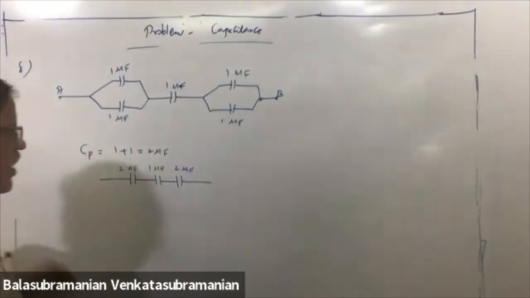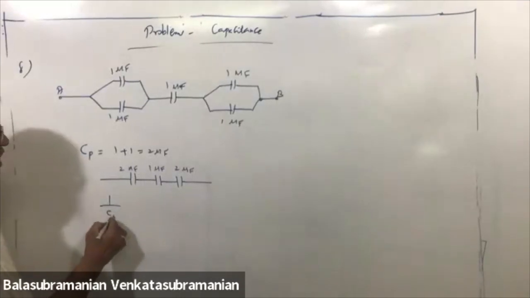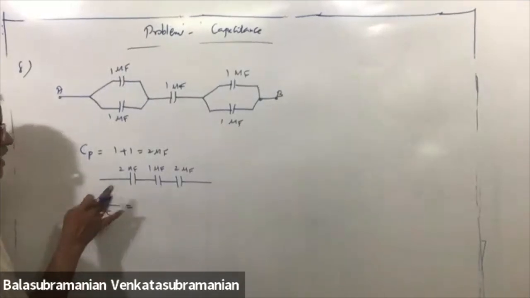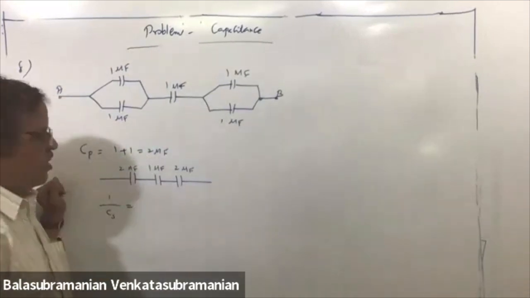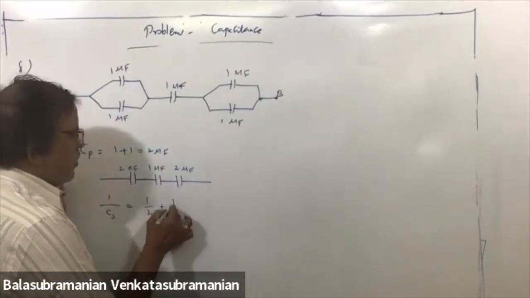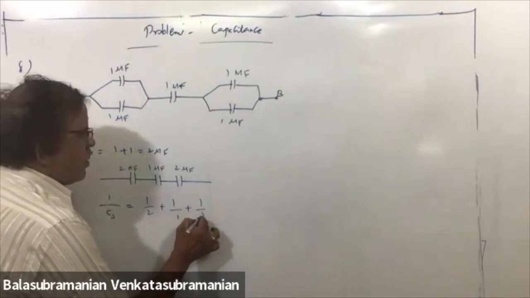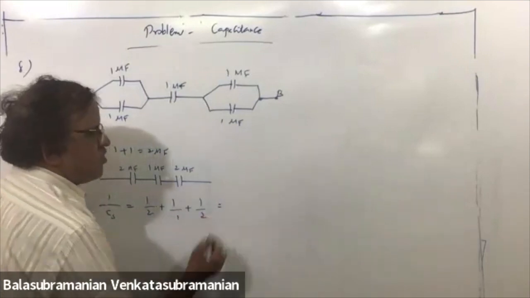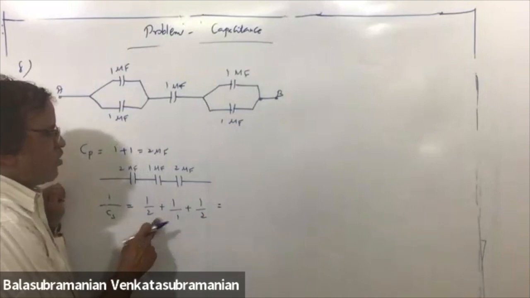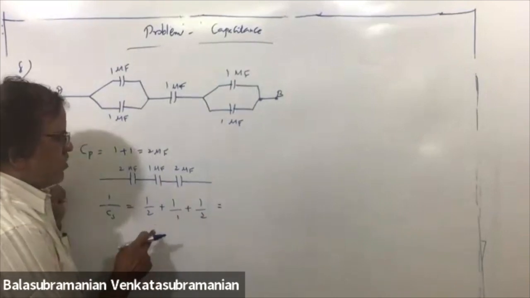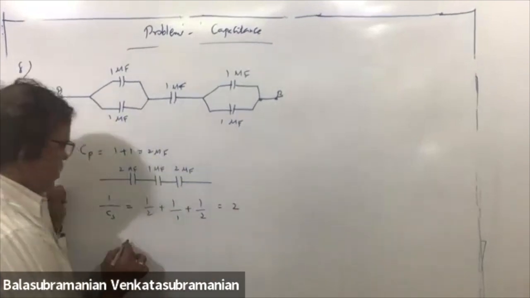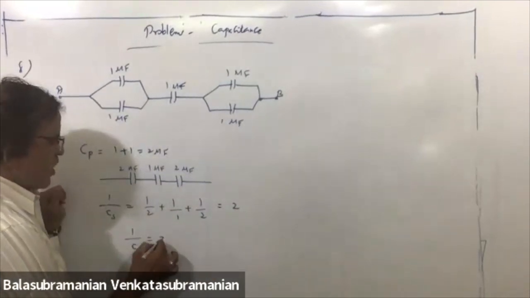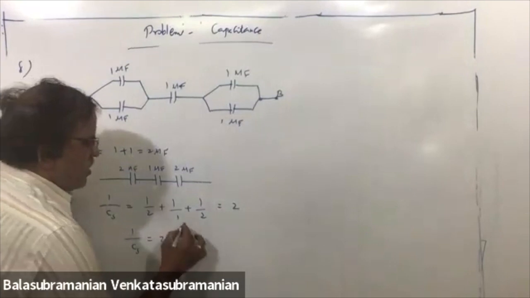So the resultant value will be 1 by Cs is equal to 1 by C1 plus 1 by C2 plus 1 by C3. 1 by 2 plus 1 by 1 plus 1 by 2. 1 by 2 plus 1 by 2 is 1. This is 1, so 2. 1 by Cs is equal to 2 per microfarad.